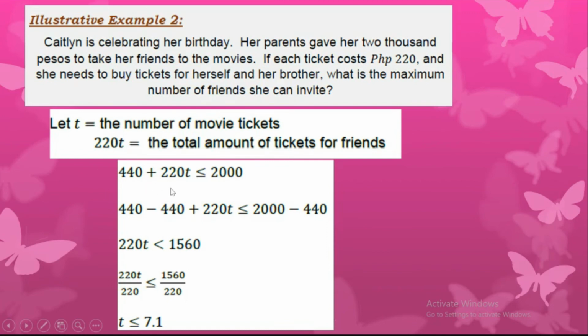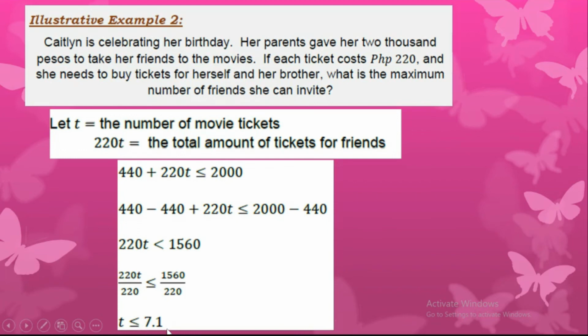Working on the inequality, we subtract 440 from both sides. So that is now 220T is less than or equal to 1,560. And dividing both sides by 220, we have T is less than or equal to 7.1.